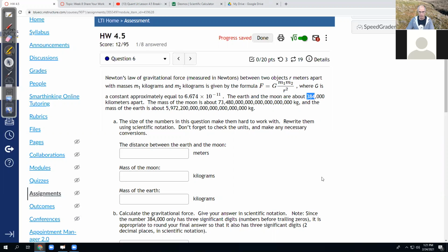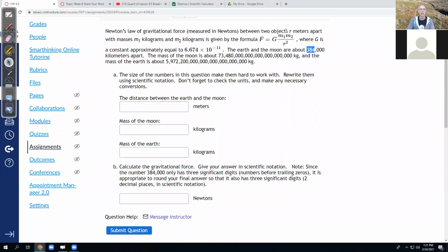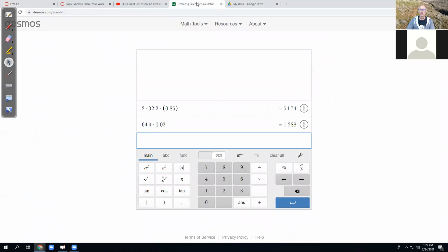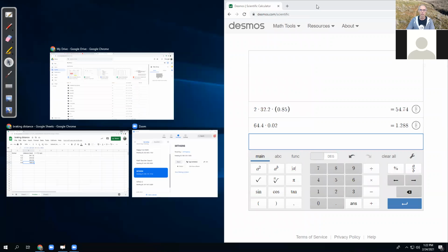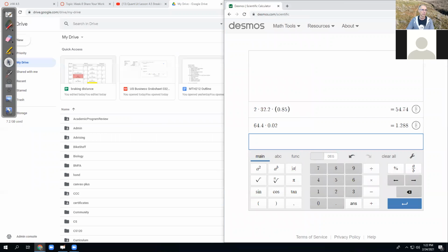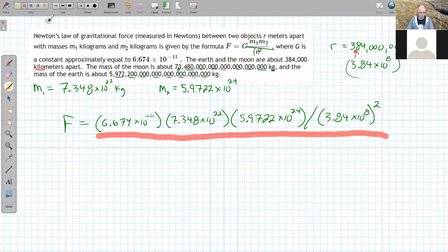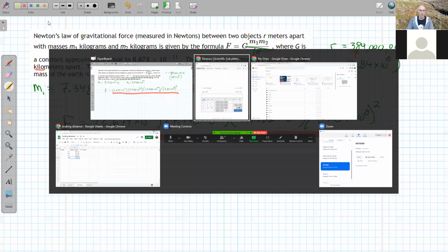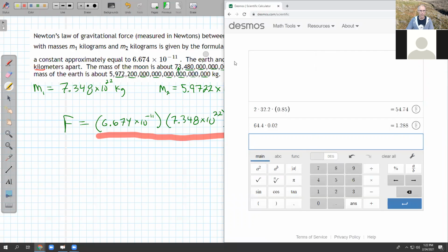So let's see if we can type this in and agree on it. And I think I might need to split my screen for this to look at my numbers. Okay, I can kind of see them there.